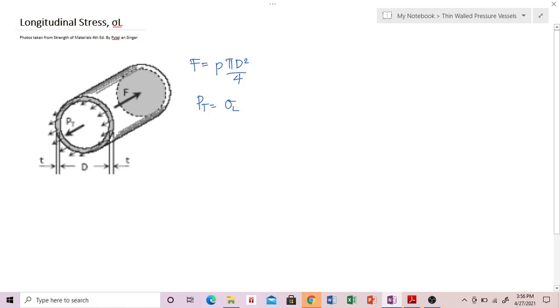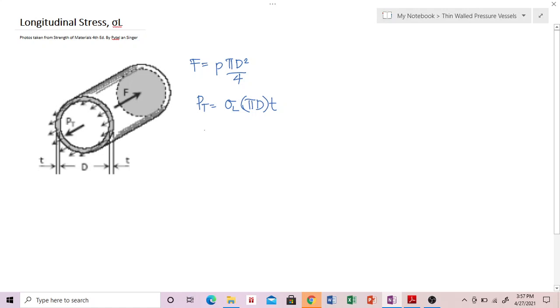What is the length of this portion? The length is the circumference. It is equivalent to circumference. So that is pi d multiplied by t, circumference multiplied by its thickness. That is the area nitong single load P na nagre-resist doon sa bursting force.